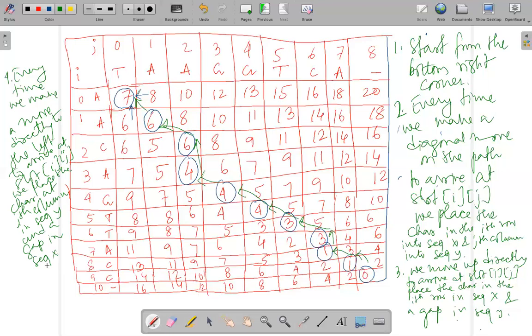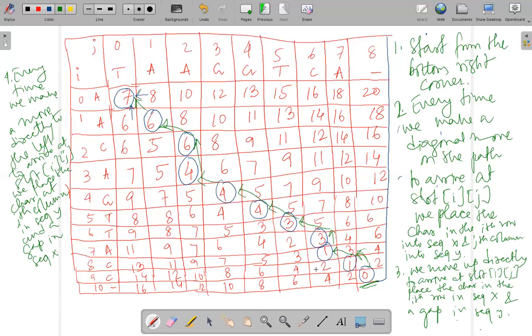In this way, if we proceed backward, you start from the bottom right corner, and if you are moving diagonally, then you place the ith character and the jth character in the X and Y sequences respectively, and you keep on doing this.